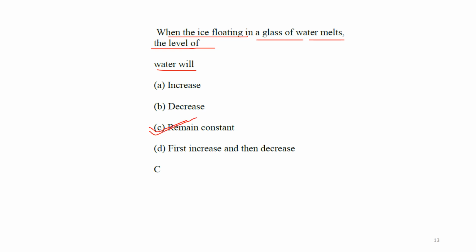The ice floating in the glass of water occupies some volume of the water. When it starts melting, the volume covered by the ice will be occupied by the melted water. So finally the water level does not change, it remains constant. So the answer is C.